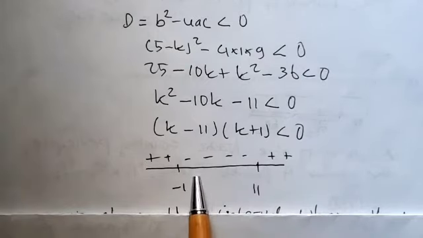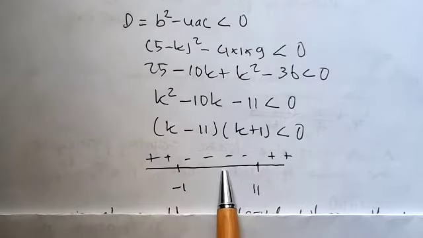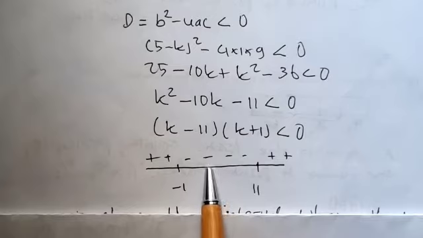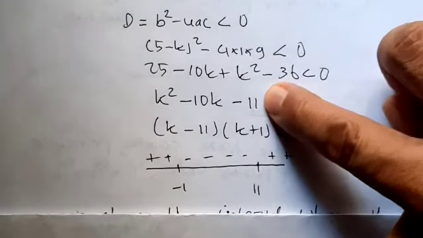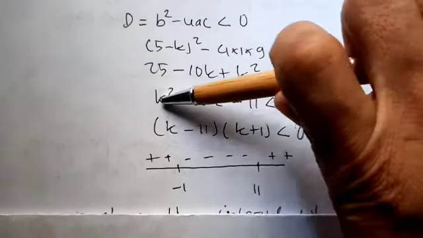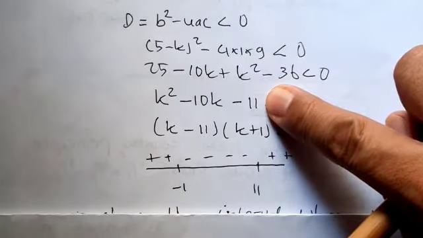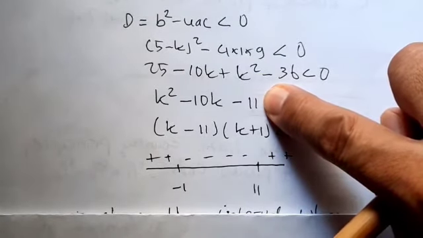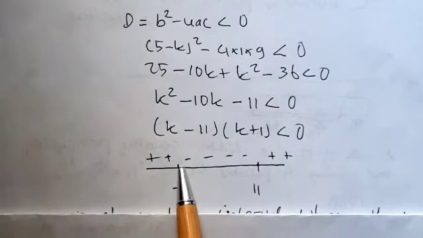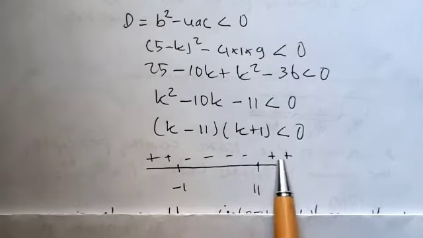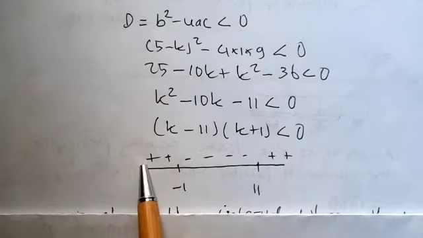Now, first we have to find the sign. For example, in between minus 1 and 11, there is 0 somewhere here, so substitute it in that expression. You can choose any value. I choose 0. If I substitute k as 0, that is 0 minus 0 minus 11, that is minus 11. We need only the sign, which is negative. Thus, in the interval between minus 1 and 11 the sign is minus, and then here will be plus and here will be plus.